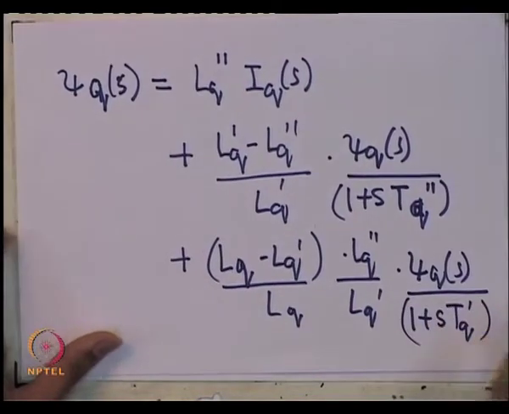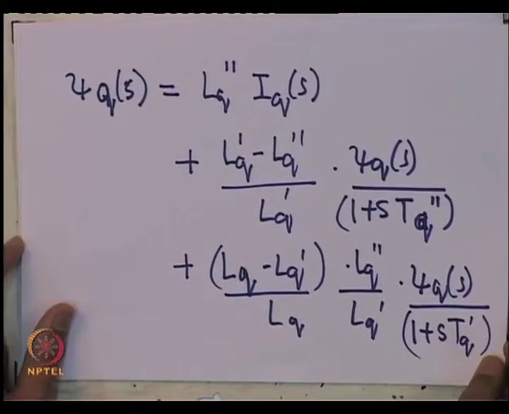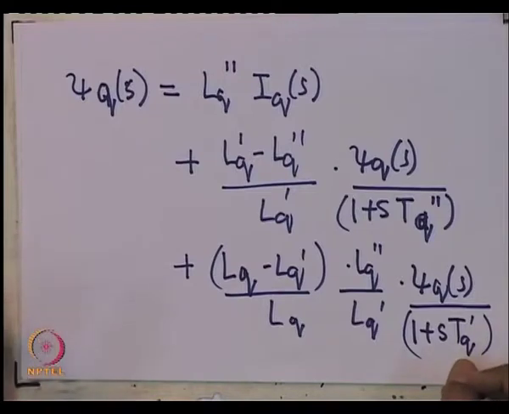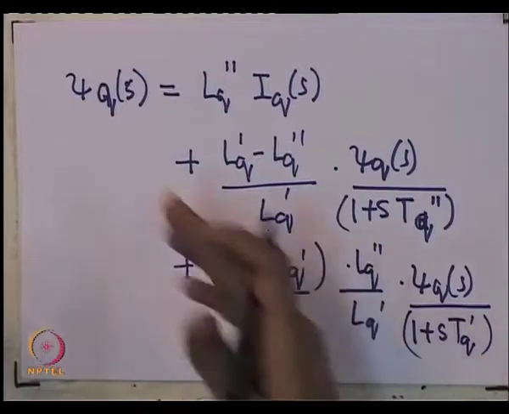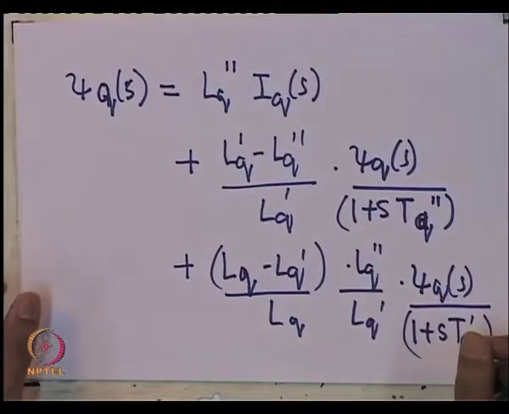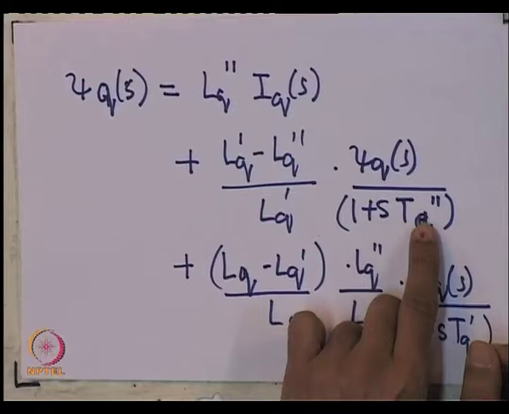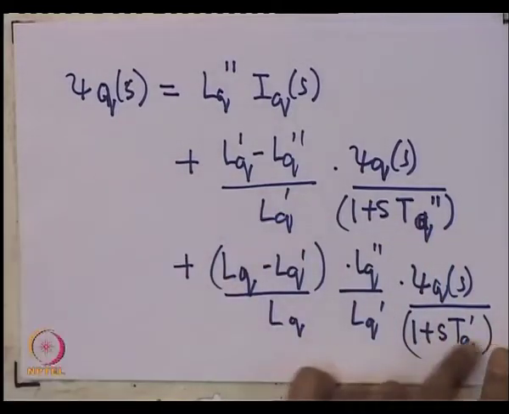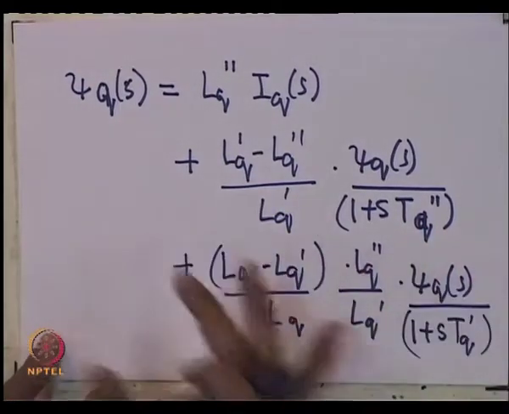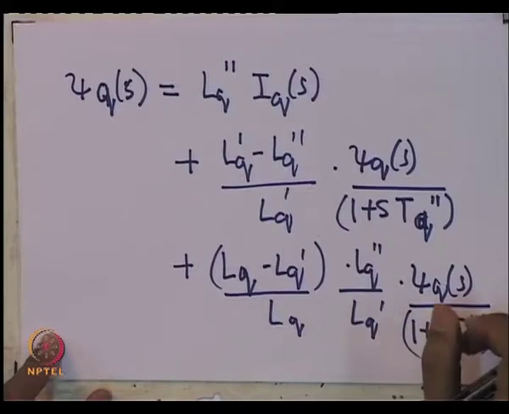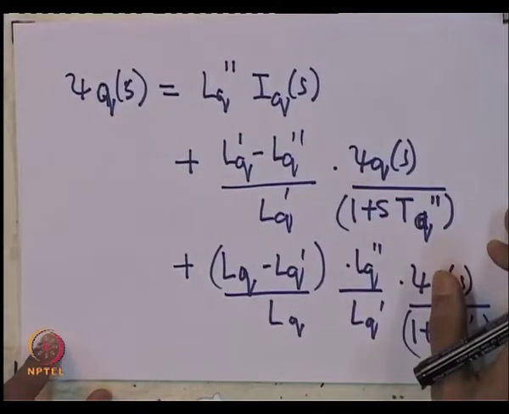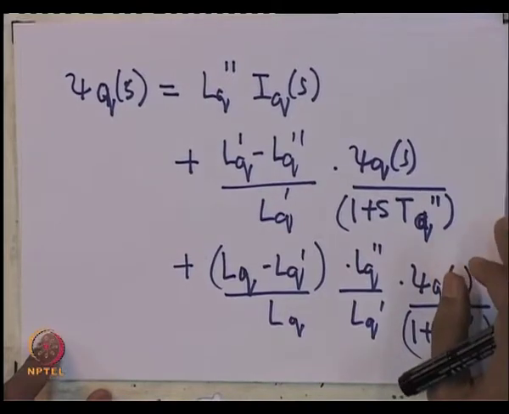What we are really doing here must be quite apparent to you. We are trying to get the transfer function relationship between psi q of s and I q of s. Of course, the next step would be to take this onto this side and this whole term also onto this side, and thereby get a relationship between I q of s and psi q of s.